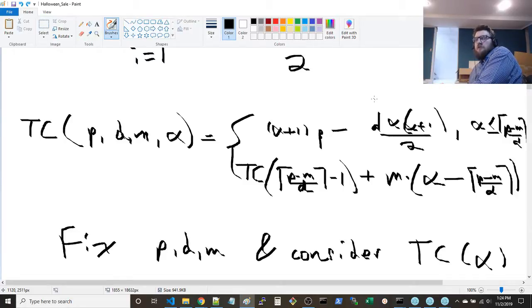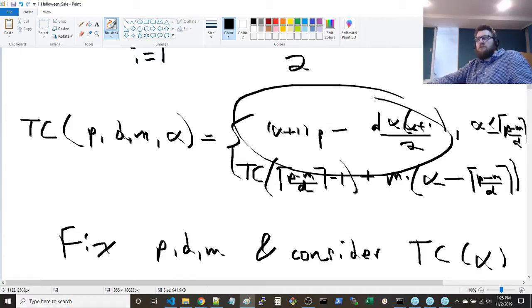And there's another way to take a look at this function here. Another way to look at this function is to maximize s minus this function, maximize it with respect to alpha.